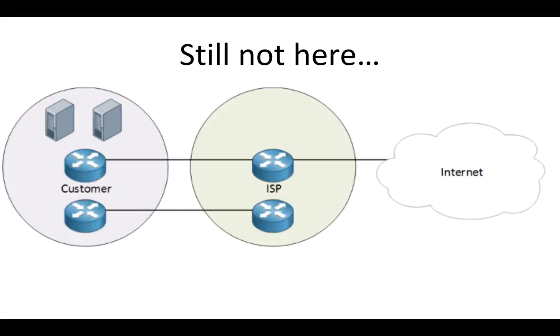Maybe that top pair of routers has the preferred route, and the bottom pair of routers could be a backup or secondary route just in case the primary failed. You could talk about different things like load balancing, maybe doing a 50-50 split or an 80-20 split, whatever you decided to do. But the point is, again, traffic is leaving your network, it can only go to your ISP, and from there, it gets routed out to the internet.